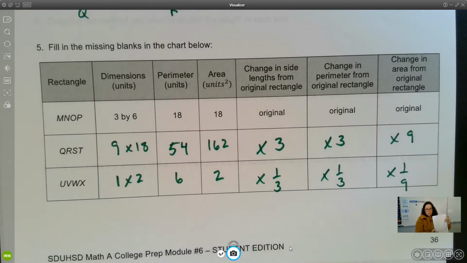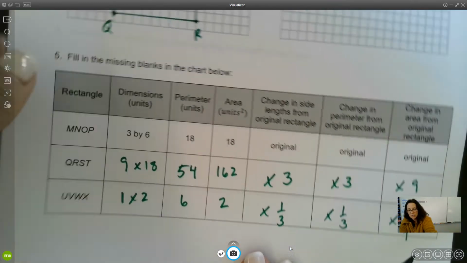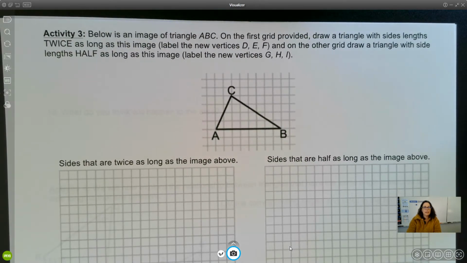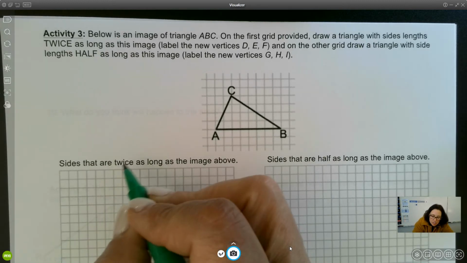All right, next one is a little bit fancier because it's a triangle. Here's an image of triangle ABC. On the first grid, the side lengths are going to be twice as long, and on the other one, they're going to be half as long.